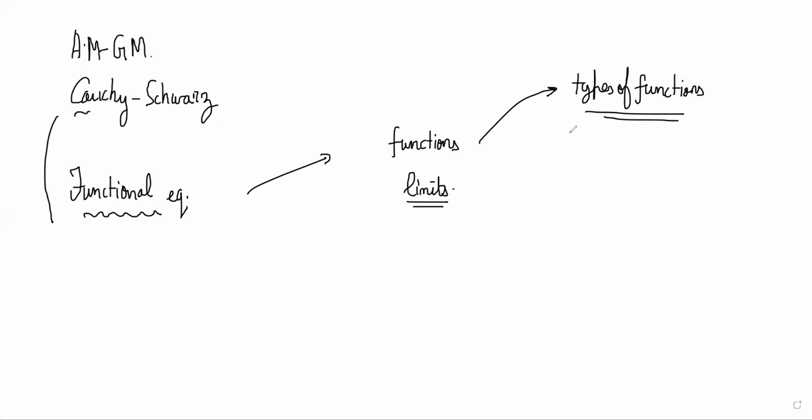Not such types. Into, onto, injective, bijective. I think bijective is one-to-one and surjective. Bijective is one-one and onto. There are four types, right? Into, onto, one-one, many-one. So bijective is one-one and onto, surjective means onto, injective means one-one, and stuff like that.